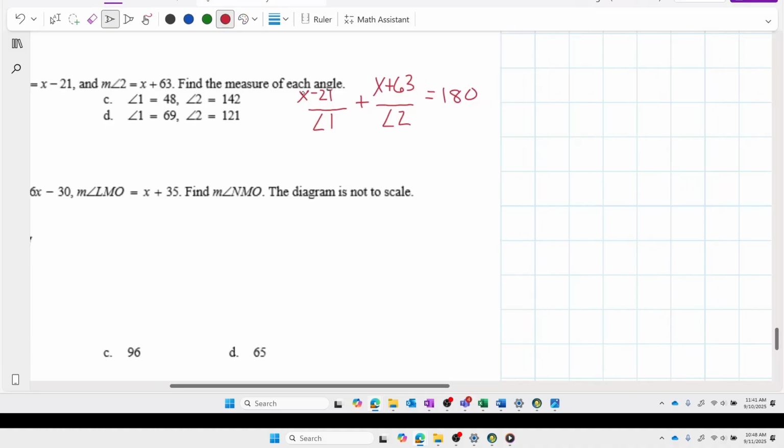So we can combine like terms here. We have x plus an x, which is 2x. Negative 21 plus 63 is positive 42. And that's equal to 180. So subtract 42 from each side.